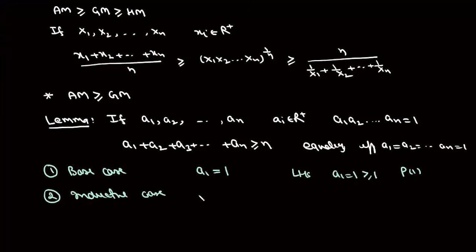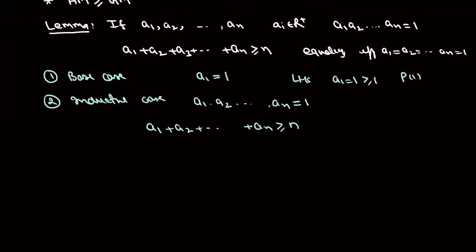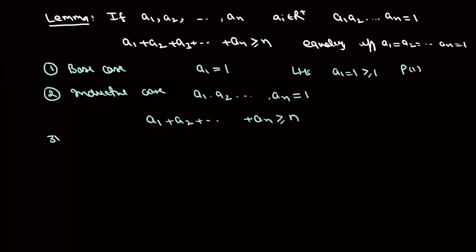So our inductive case is we have n numbers a1, a2, an such that a1 into a2 into an is equal to 1, and we are going to assume that a1 plus a2 plus an will always be greater than or equal to n. Now using this inductive case, we'll need to prove our P n plus 1.